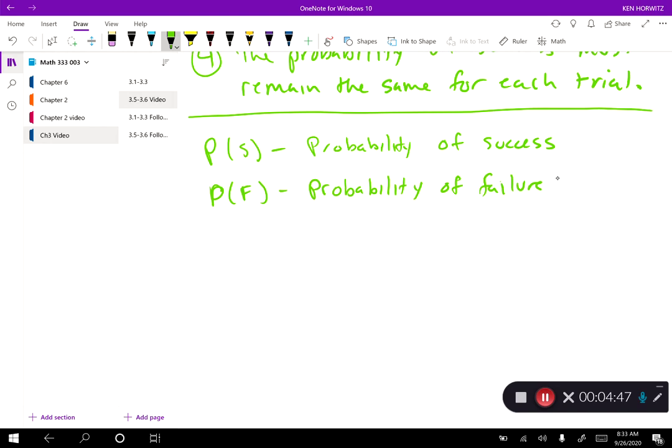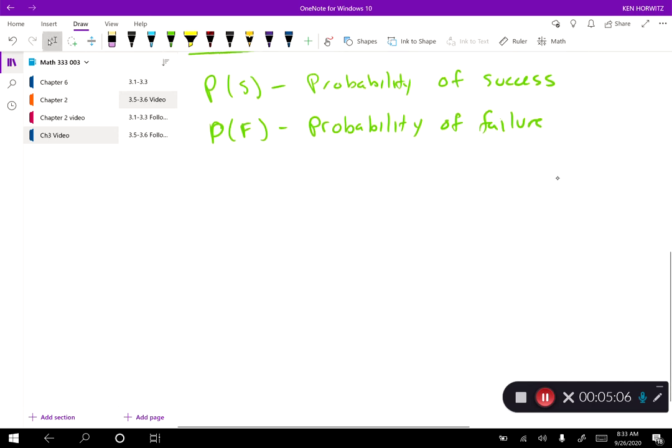And again, if your question is, what's the probability of getting 3 heads in 4 flips? Failure would be if you did not get 3 heads in 4 flips. Doesn't mean one is better than the other. It just means not being successful in the question that you're asking. Little p is going to be the probability of success in a single trial.